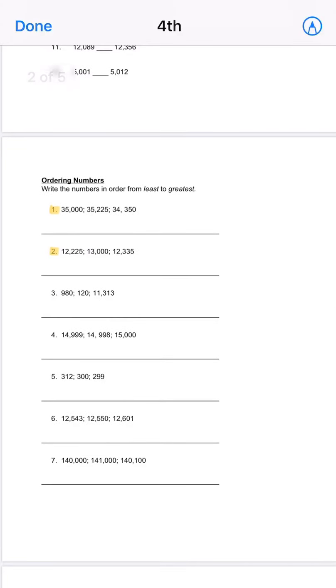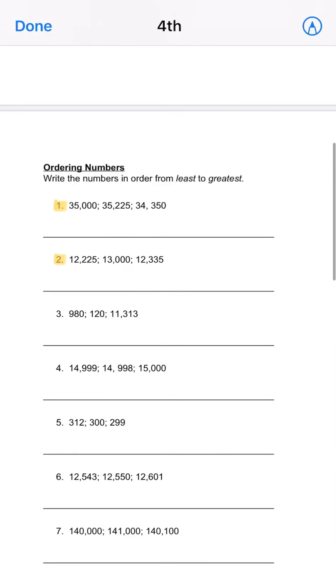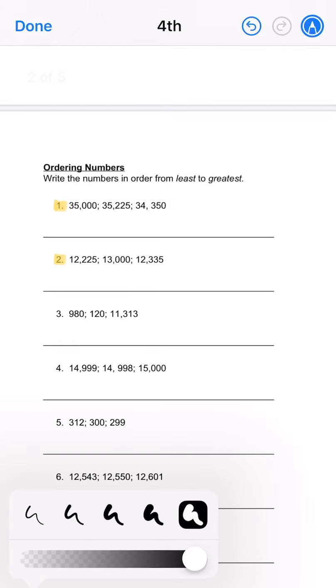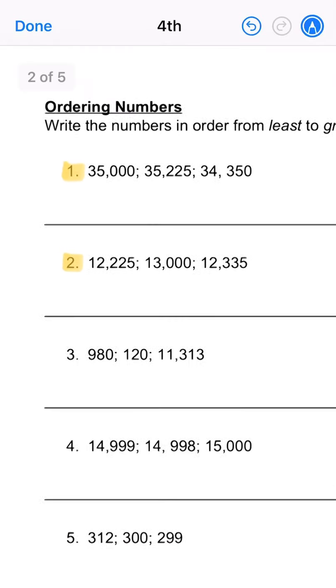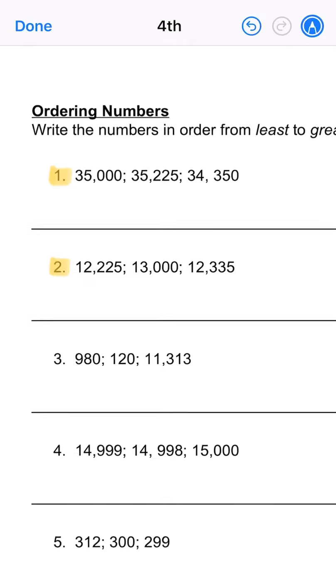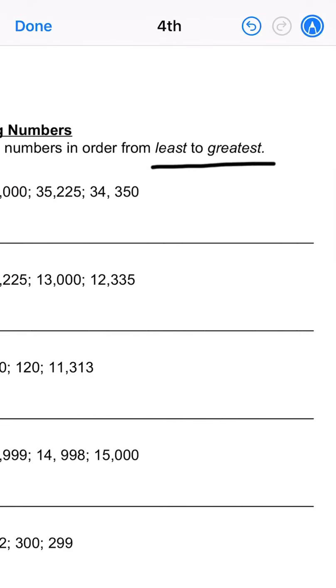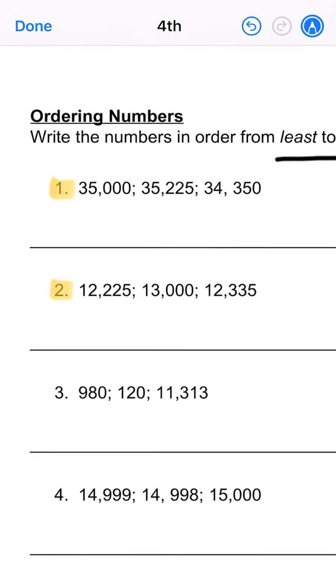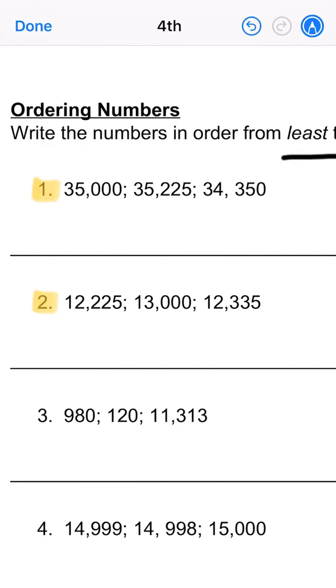This one is ordering numbers, and the instructions say write the numbers in order from least to greatest. When you look at the first problem, you have three numbers: 3,500, 35,225, and 34,350. Again, the directions say order from least to greatest. So you find the smallest number.